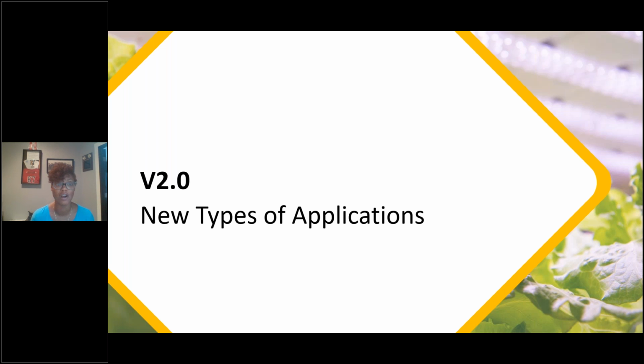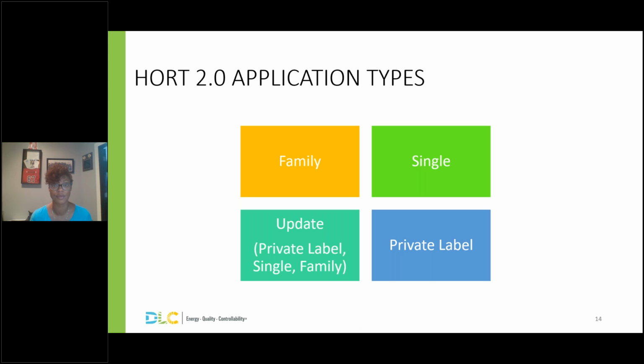So let's talk more about version 2.0 and some of the new types of applications. Previously, in earlier versions, we've had just a single product application, which only allowed you to submit one product within an application. We now have family grouping, which allows you to submit multiple products in one application.